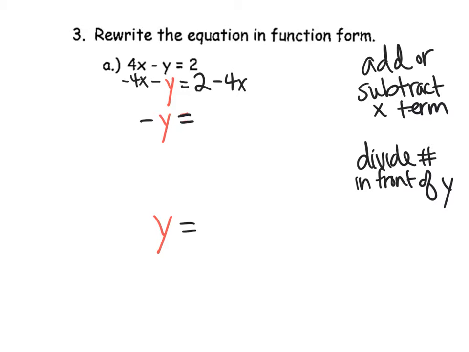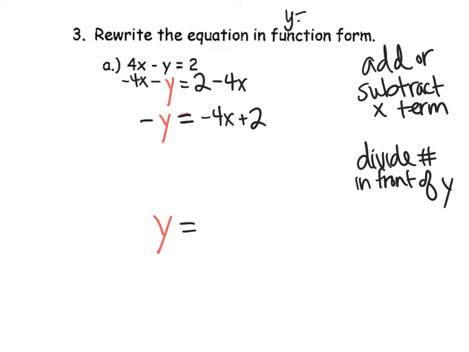We're going to use the commutative property, which means you can just flip things back and forth without any repercussions. Tell me, please, what should I write instead of 2 minus 4x? Negative 4x plus 2. Is that mx plus b format?